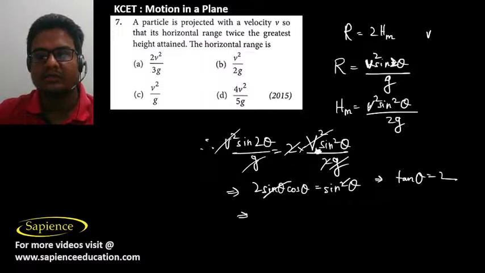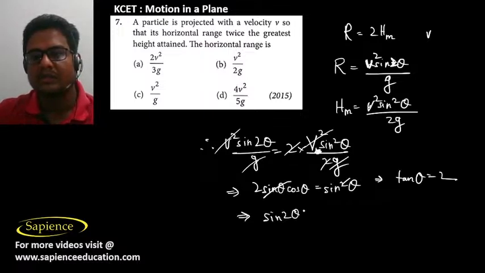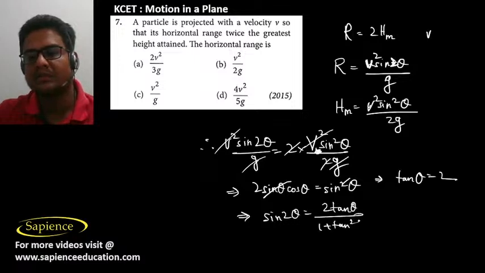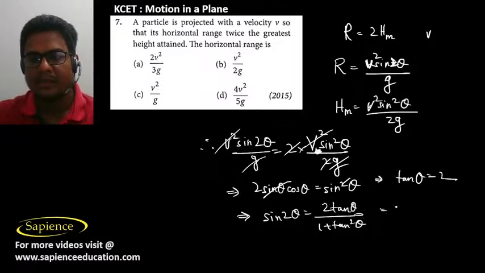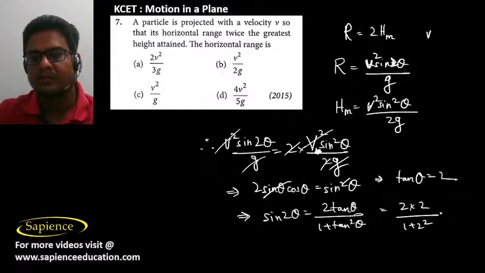So the horizontal range has been asked. Sine 2 theta is 2 tan theta by 1 plus tan square theta. So this will be 2 into 2 by 1 plus 2 square, so that is 4 by 5.